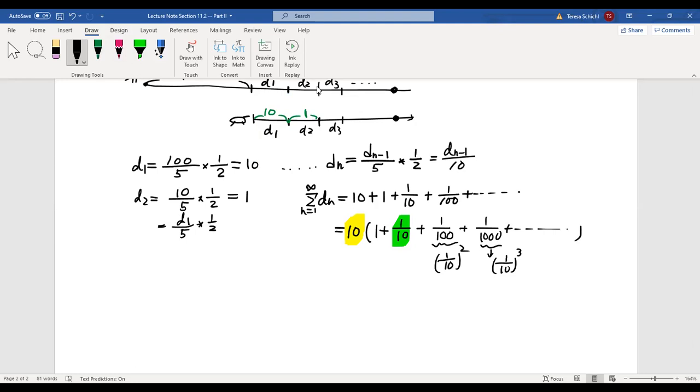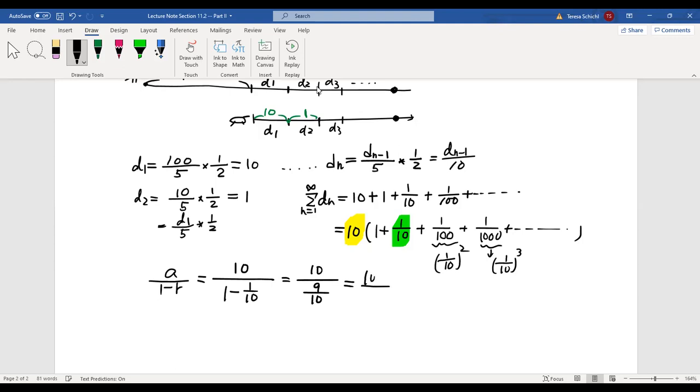Now I will be able to know the total distance the series will cover. The total distance will be A over 1 minus R. The A is 10, and 1 minus R is 1 minus 1 over 10, so 9 over 10.